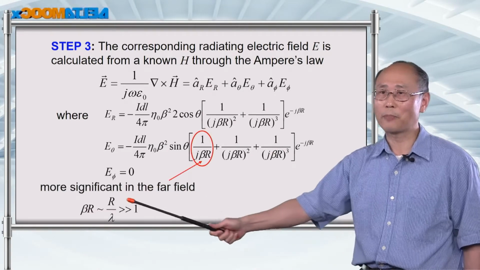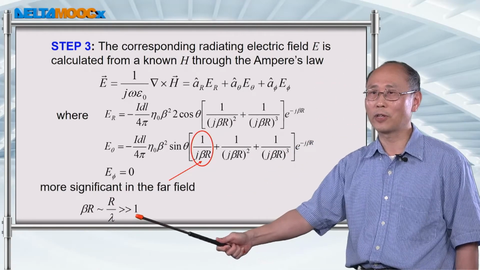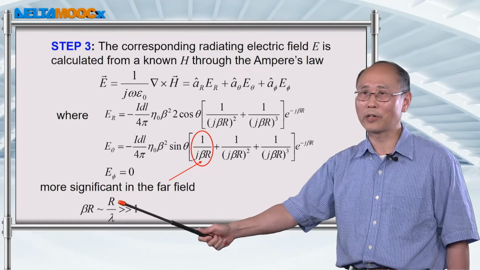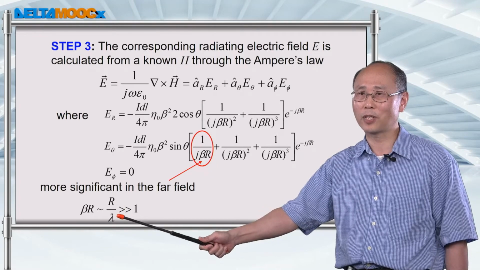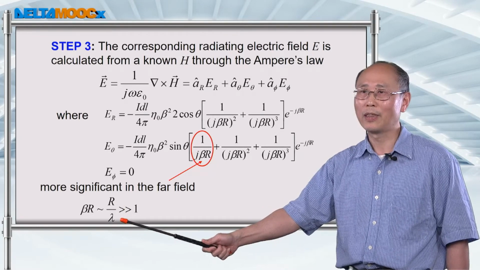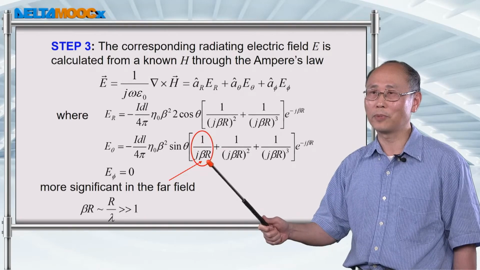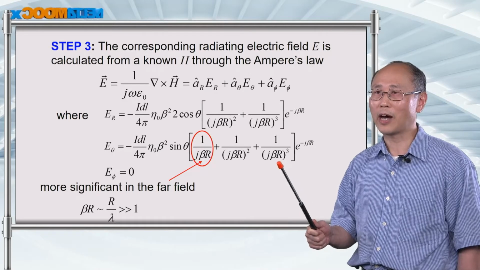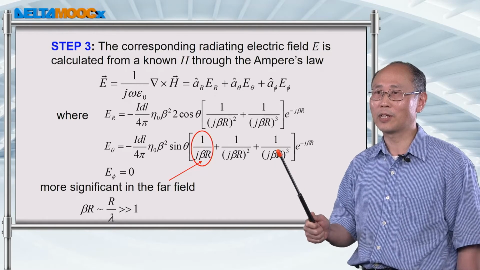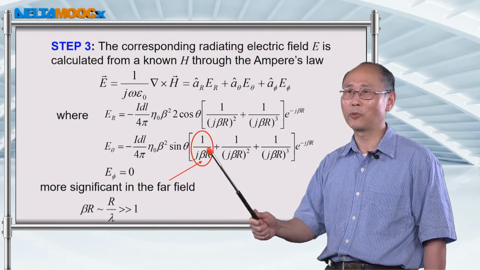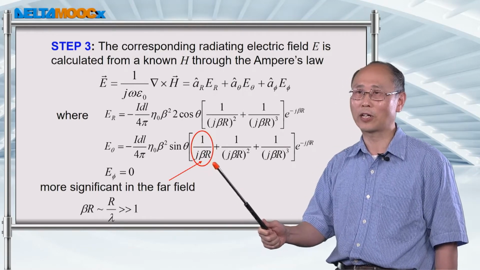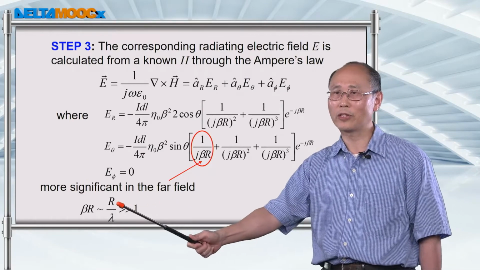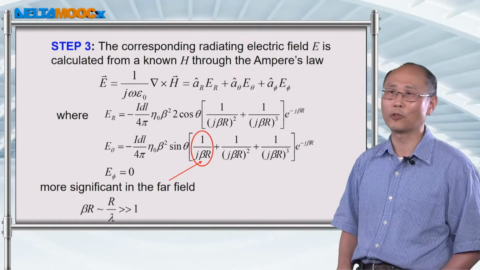For example, if beta r is much larger than 1, this means that we're looking at a location where the distance is much larger than the radiation wavelength. Then this term is going to be more significant, because with a higher power and with a large value of beta r, this term is going to be much smaller than this term. So we'll just keep this term for our discussion. We call this the far field zone, when the distance is much larger than the radiation wavelength.